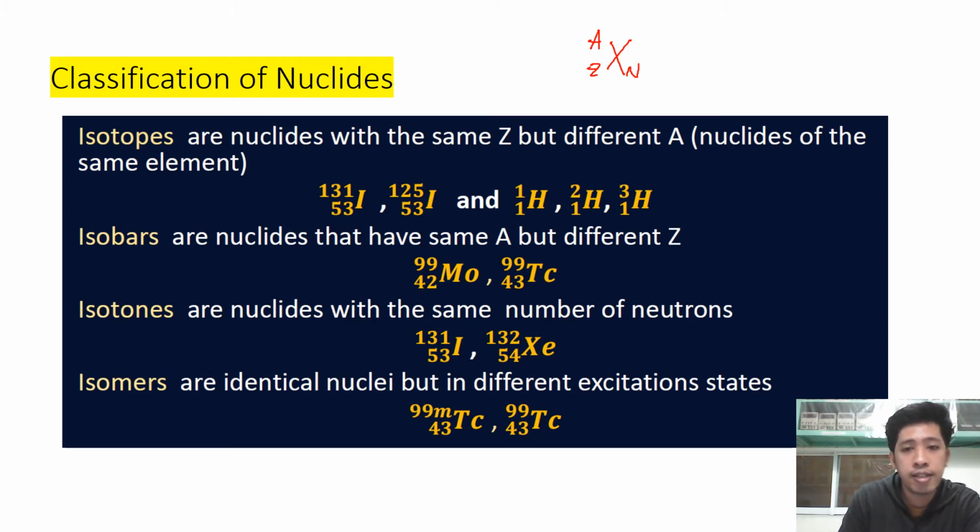These are nuclei with the same number of neutrons, the same N. So you have 131I and 132Xe, that is, 131 53 I and 132 54 Xe. If you subtract Z from A, you get the same N for both elements. And then you have isomers. These are identical nuclei but in different excitation states, for example technetium.